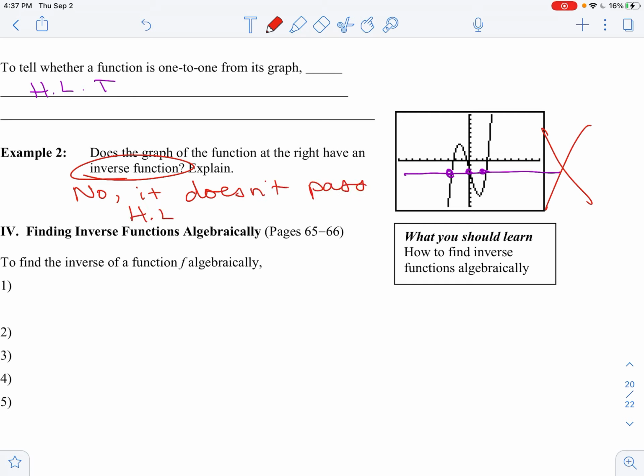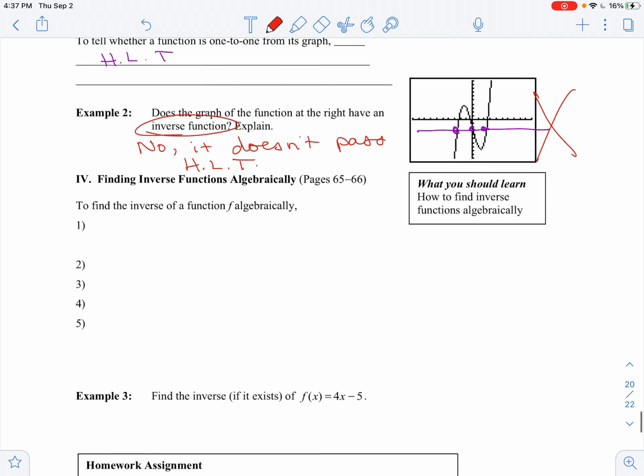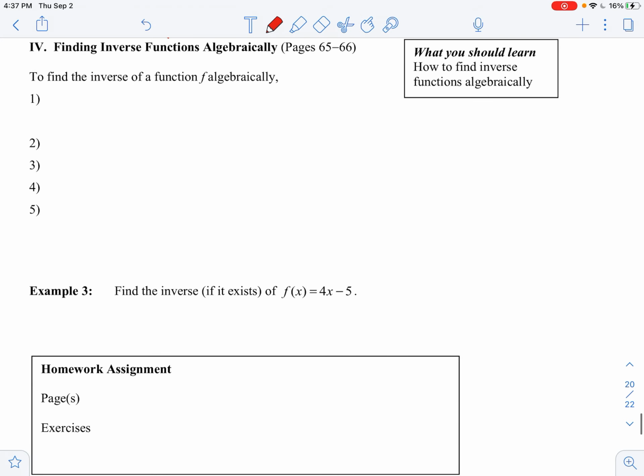So here are the steps to finding an inverse function. First, we're going to use the horizontal line test to see if it even has an inverse. If it does pass, then when we see f of x, we're going to replace it with a y, because we know y is f of x.